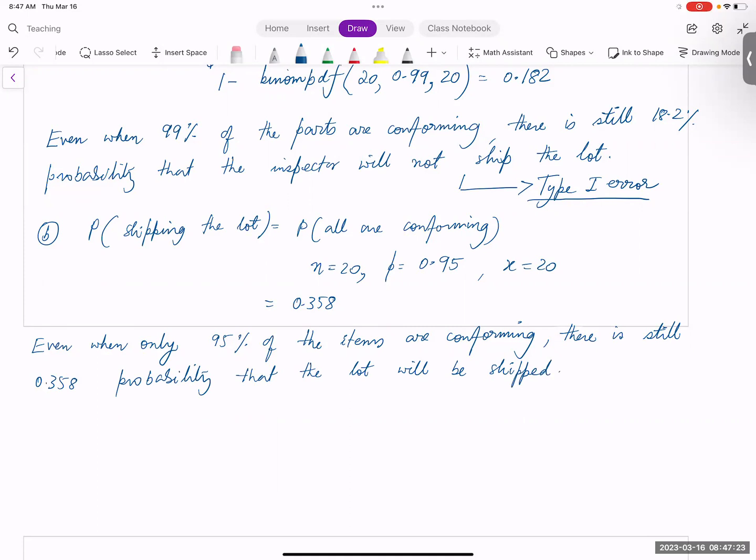So that's what we typically call type 2 error.